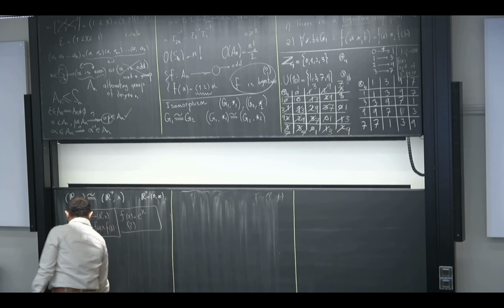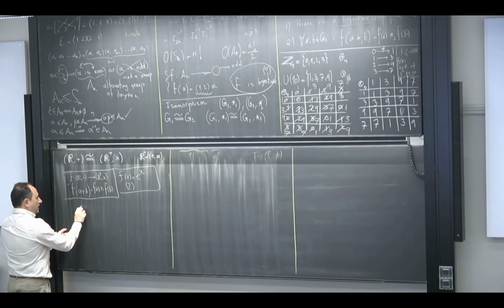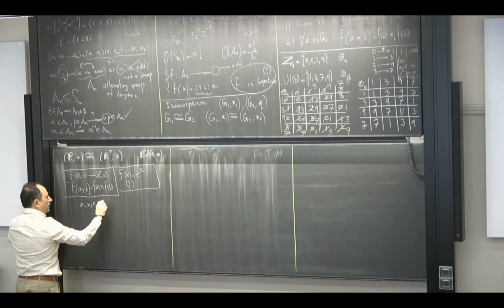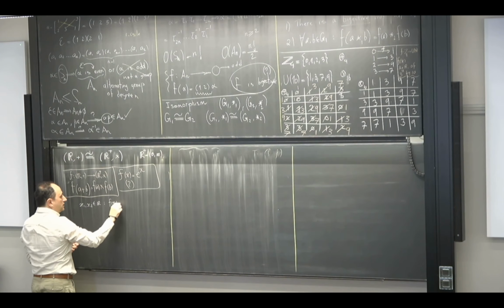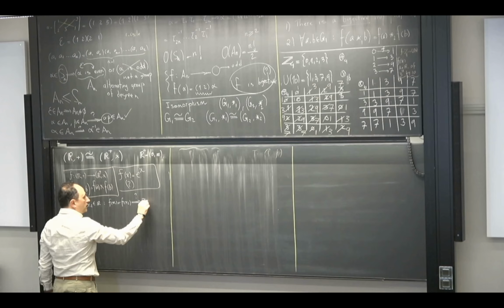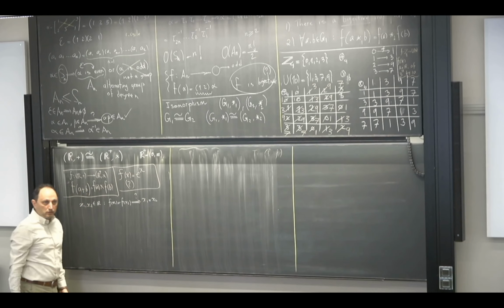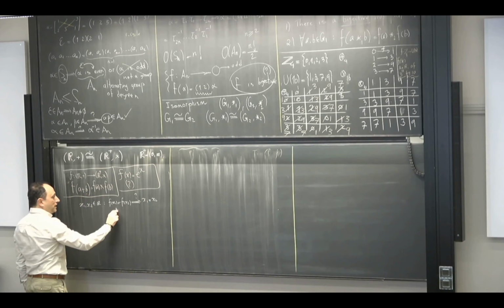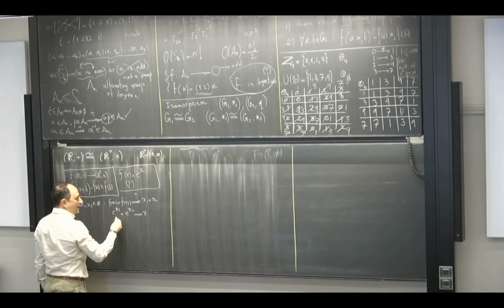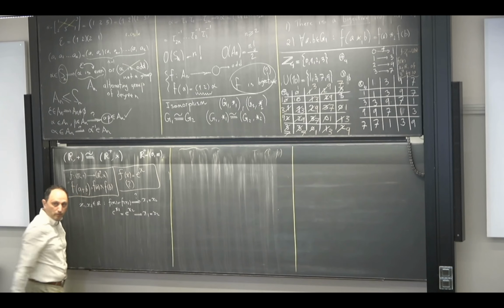What is the meaning of being injective? It means that if x1 and x2 are chosen from R, and if I know f of x1 is equal to f of x2, can I conclude that x1 is equal to x2? The answer is yes, because this means e to the power x1 is equal to e to the power x2, and everyone knows that if this happens, x1 is equal to x2.